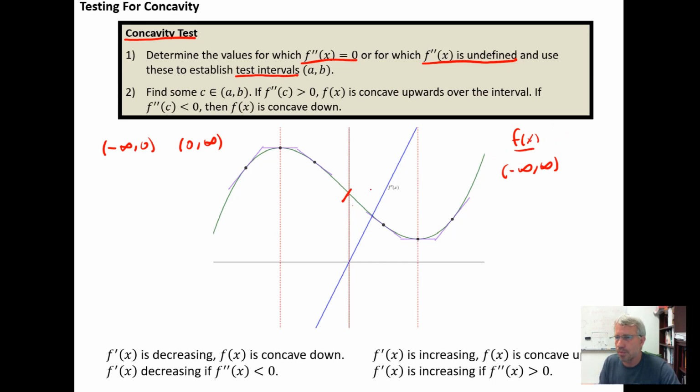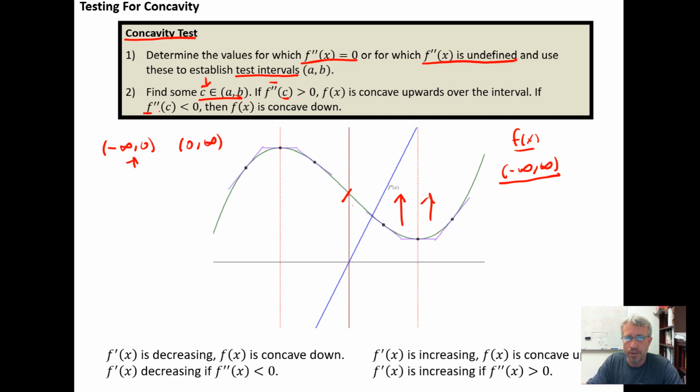So use the inflection points in conjunction with the domain to break it into test intervals, and then find any number c inside of the test interval. Plug c into the second derivative. If the second derivative is positive or greater than 0, then you know the graph is concave up.